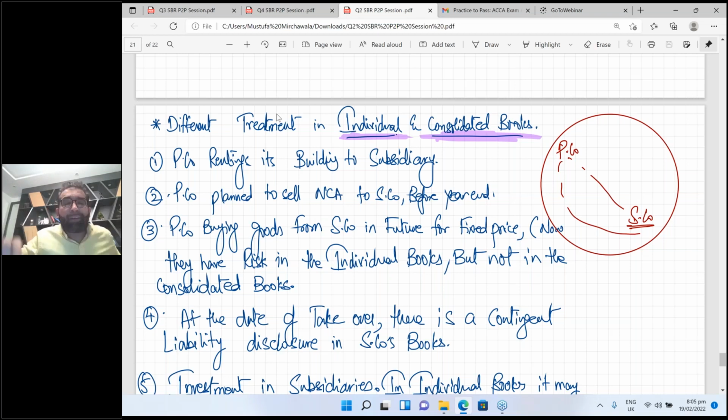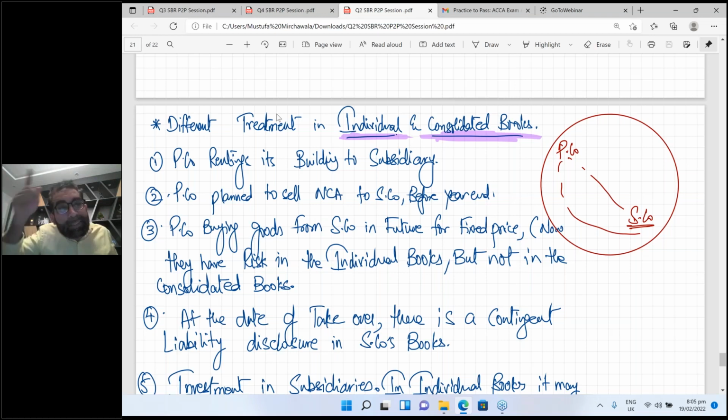And one more thing, from the day we classified this asset as held for sale, from that day onwards we won't be booking any depreciation, because we don't depreciate current assets. Okay, so now in the individual books of the parent company IFRS 5 is perfect, right?